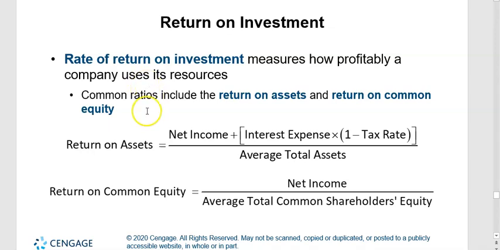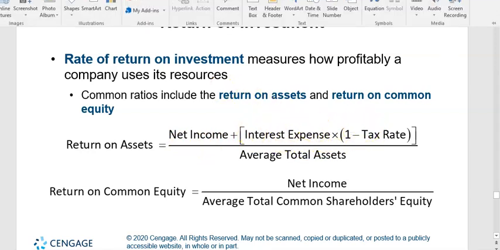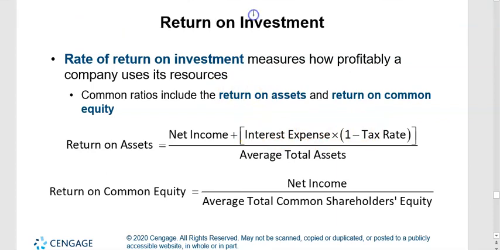Return on investment is your net income, but you add back net interest expense. This term right here is referred to as net interest expense. And we're adding back interest expense because interest expense is not a cost of our daily business. It relates to how we financed the assets, and we don't really want to take that into consideration.